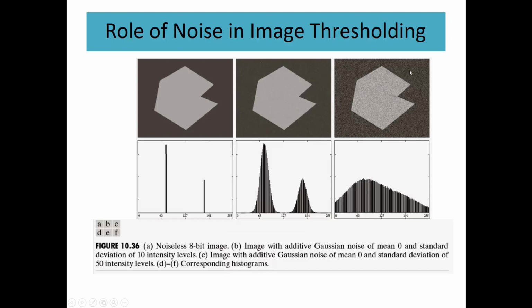While figure C is corrupted with Gaussian noise of mean 0 and standard deviation of 50 intensity values. In this corresponding histogram, there is no way to differentiate between the two modes without additional processing. So it will be very difficult to segment this image.